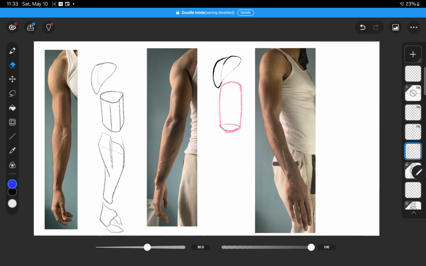Okay. So for the forearm, I like to think of it as, again, it's tilted. And remember, we're seeing this side now, but this was the outer side over here. Now the outer side is on this side.